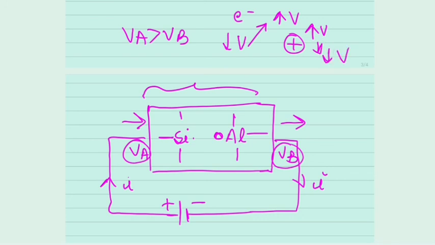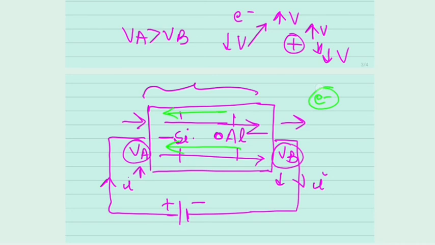So over here, as the potential is higher here and lower here, the holes will move towards this side, and the electrons, which I can show in a different color, will move this side. So this is the electron movement and this is the hole movement. These holes and electrons are moving in opposite directions and contributing to the current.